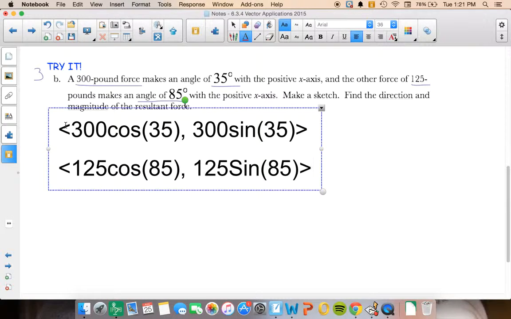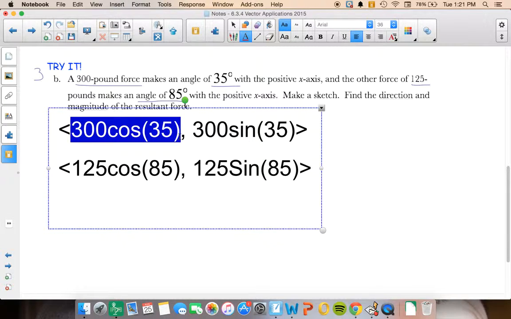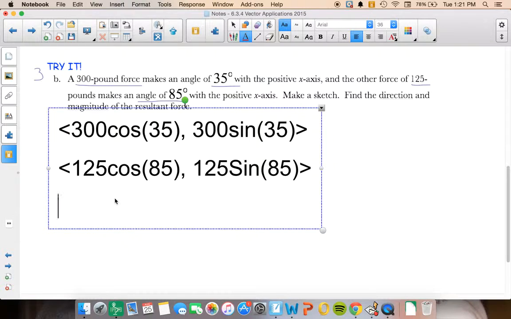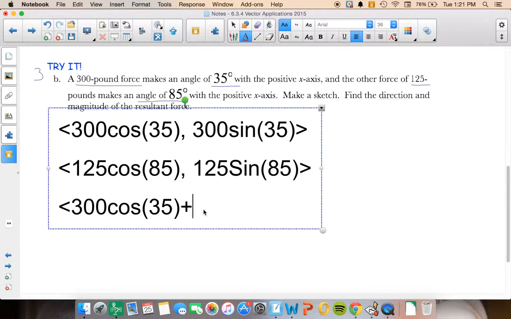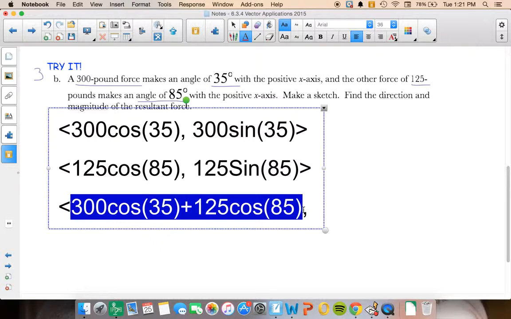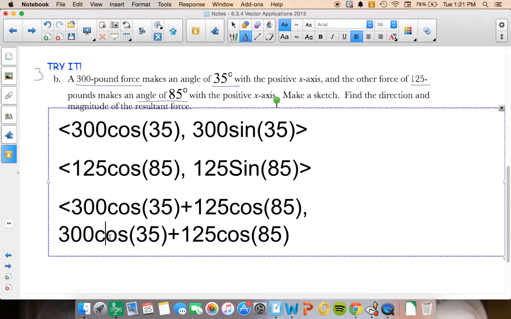Once you add them together, because that's what you're doing here, you should have your x component as both parts and your y component as both parts, except of course with signs.